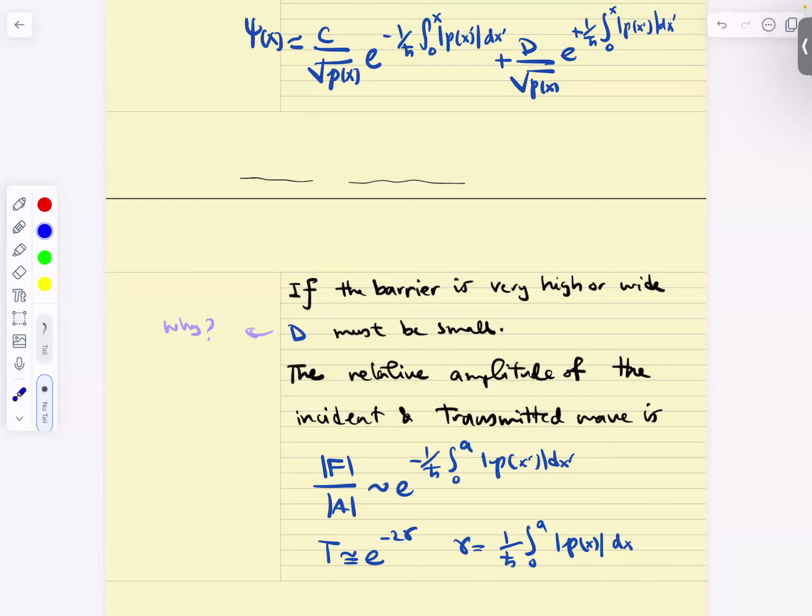So the wider the wall and the higher the potential, the more unlikely it is for me to tunnel through. If the potential is not very tall or not very wide, there's a higher probability for tunneling.